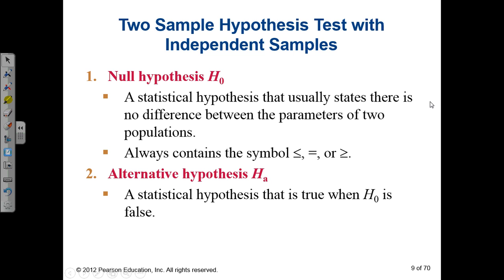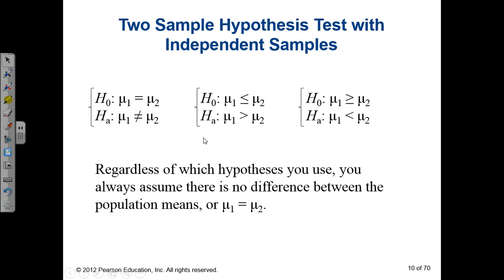The alternative then is the complement of the null hypothesis, and it never includes equality. So less than or equal to corresponds to greater than. Equal to corresponds to not equal to. Greater than or equal to corresponds to an alternative hypothesis of less than. Here are some examples. The null hypothesis is that mu1 is the same as mu2 versus the alternative where the claim is they are just different.